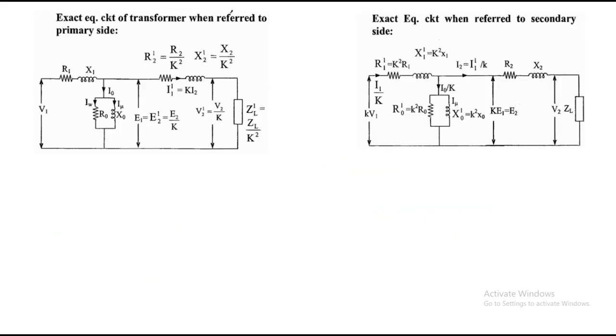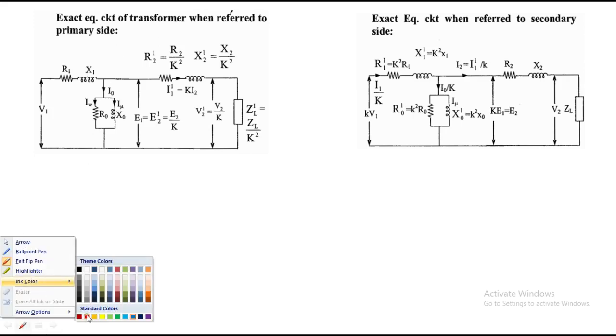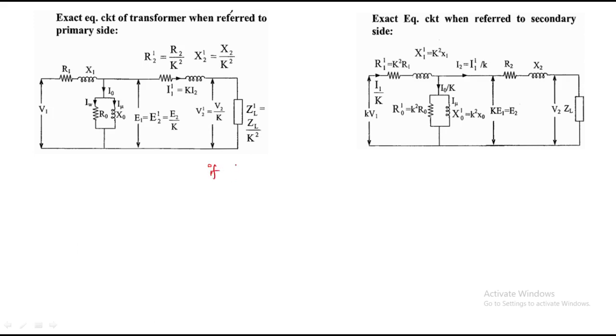In the equivalent circuit of a transformer referred to the primary side, if I0 is very small, we neglect the shunt branch.